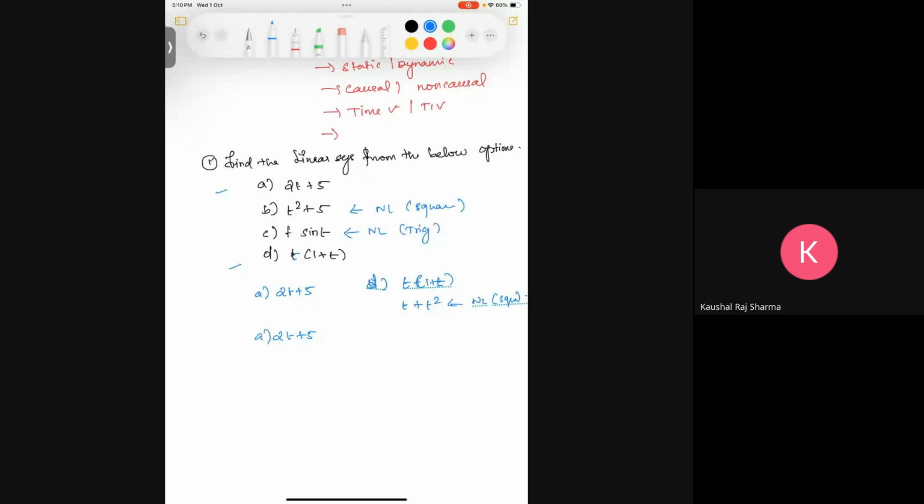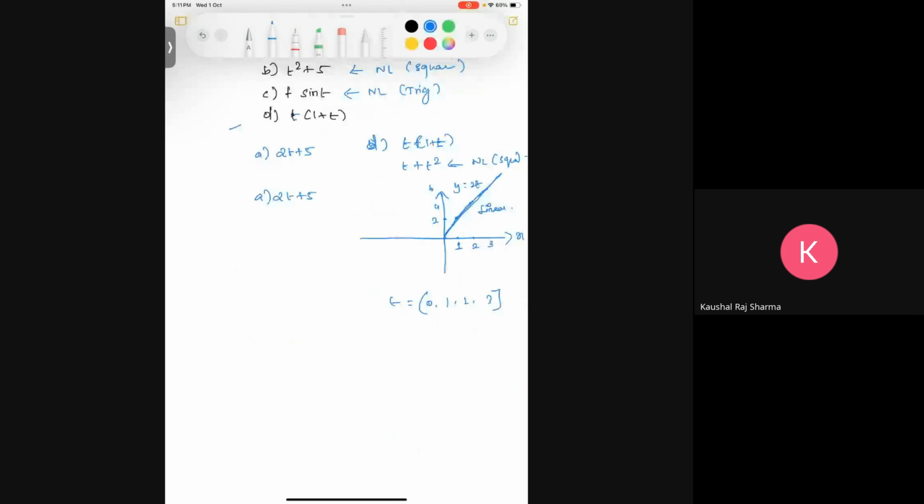How would 2t look? 2t will be 2 into whatever t is. For example, if I take 0, 1, 2, 3 as t, then 2t at 0 will also be 0. When I plot y equal to 2t, when x is equal to 1, y would be 2.